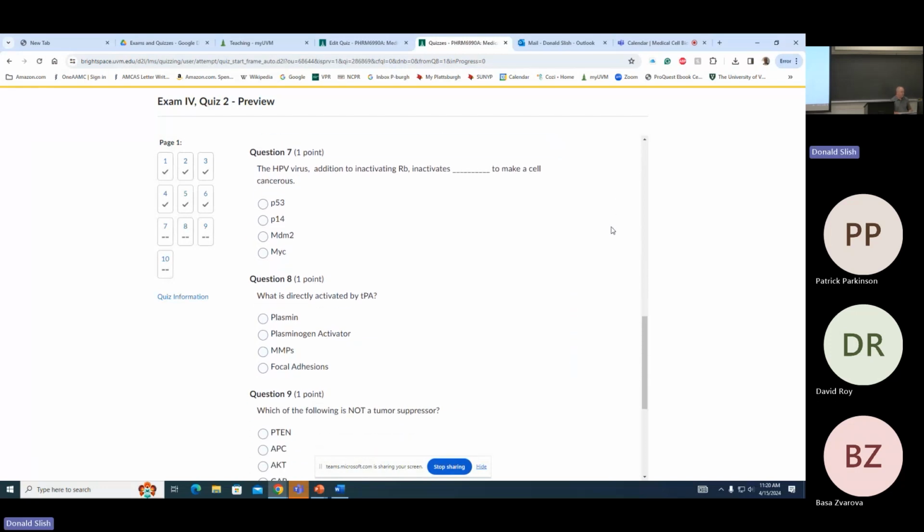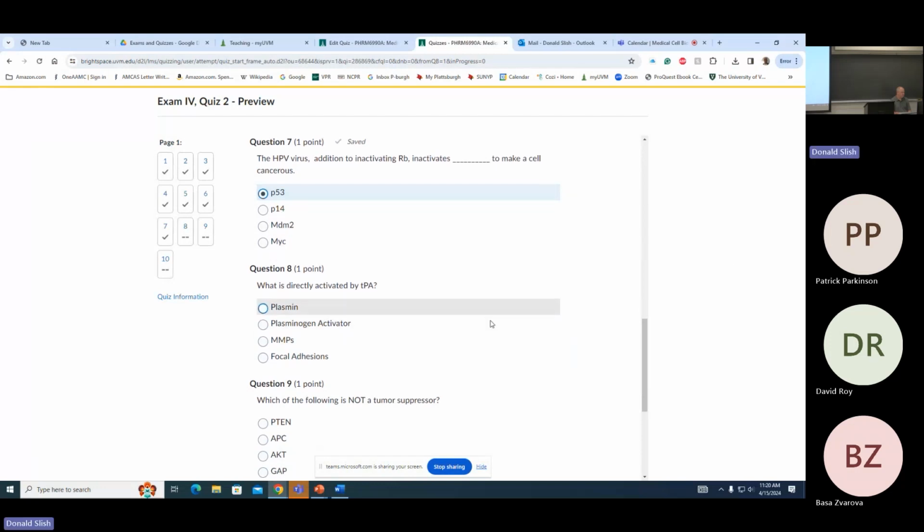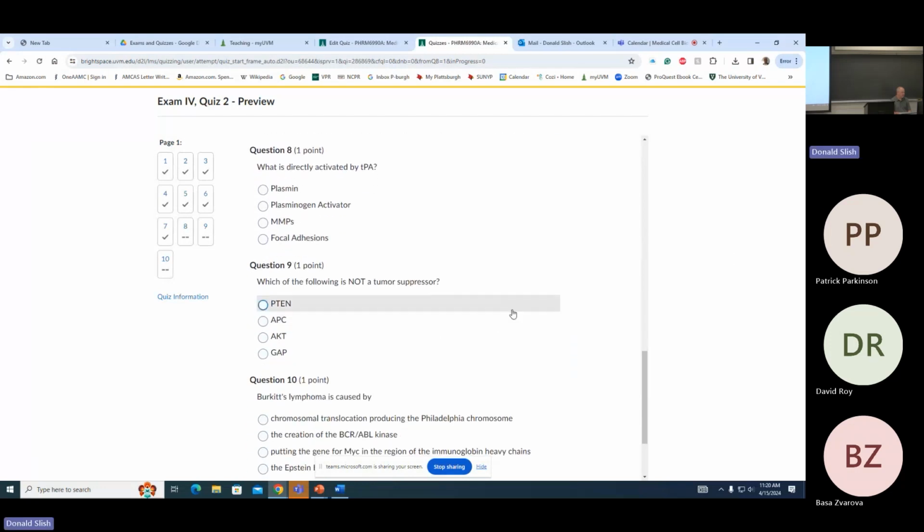HPV virus, in addition to activating RB, inactivates blank to make the cell cancerous. It's going to inactivate P53. What is directly activated by TPA? I corrected this, so I just said what's activated by TPA, but directly is more specific. It's going to be plasmin. It's turned on by it.